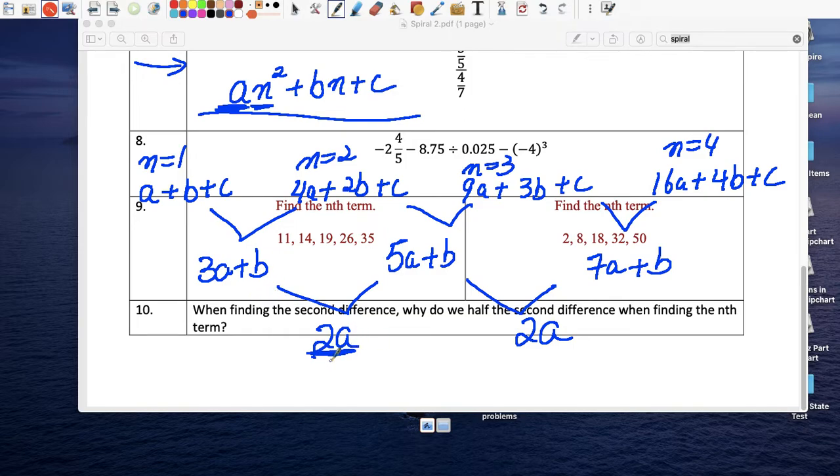The only way I can do that is to divide the 2 by 2, and then I get a coefficient of 1, or just a. So in order for the 2a to become an a, I divide the 2a by 2. And that's the reason why we have it.